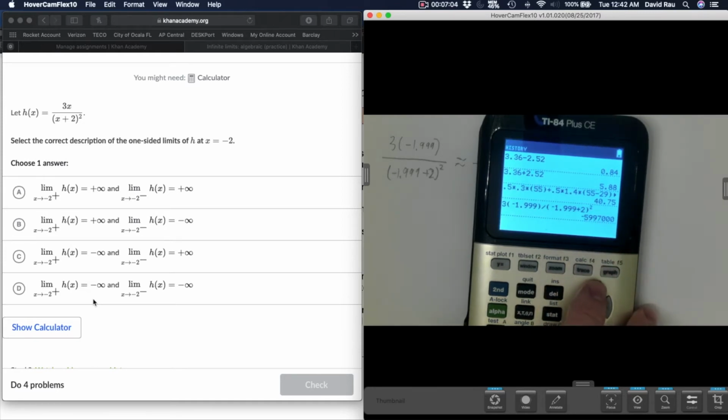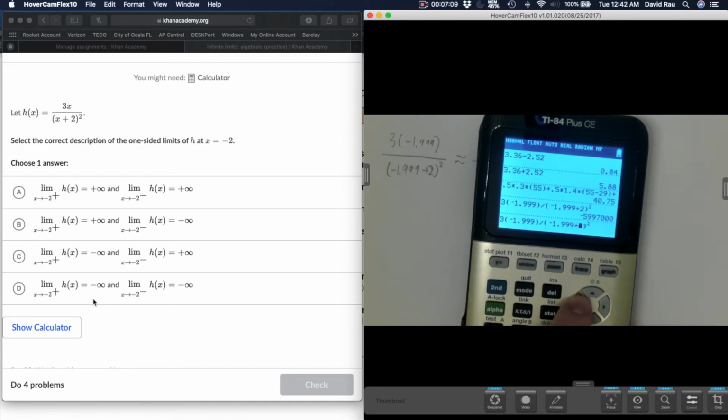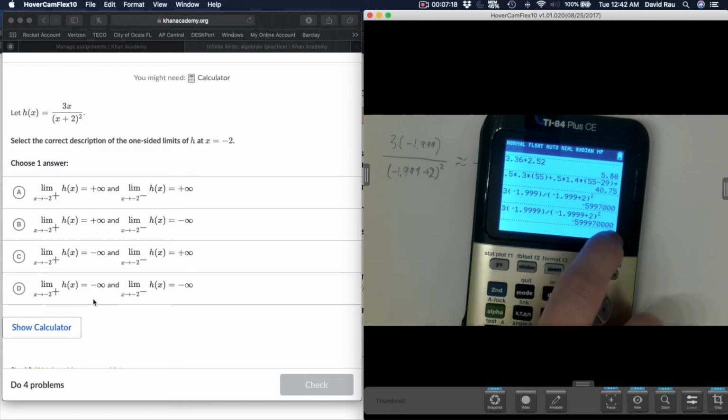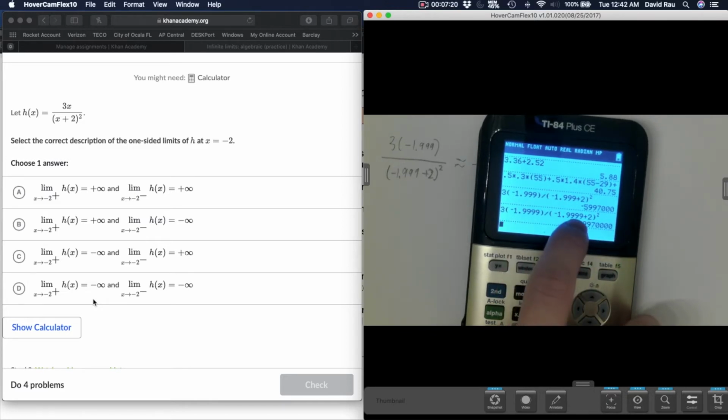What if I gave myself an extra decimal place for both of these? If I insert an extra 9, wow, an even bigger number. So you can see as you get closer and closer to negative 2, you get a bigger and bigger negative number. So as you approach negative 2 from the right, you're getting a large negative. So we know it's C or D.